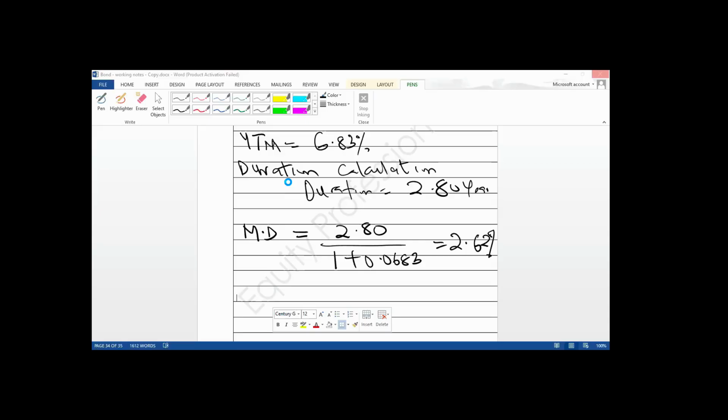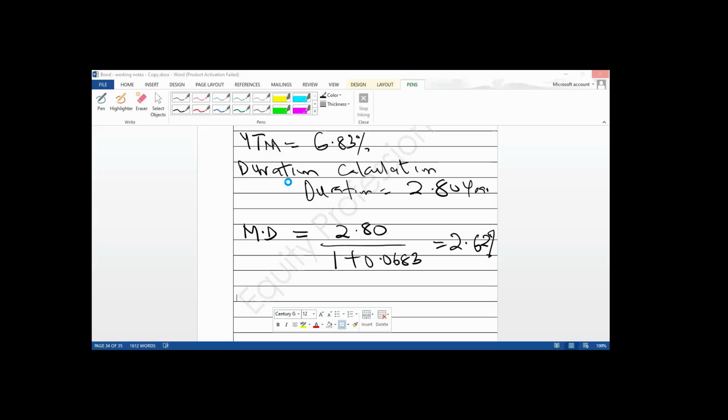Now, to interpret this, if interest rates change by 1%, the value of the bond will change by 2.62%.